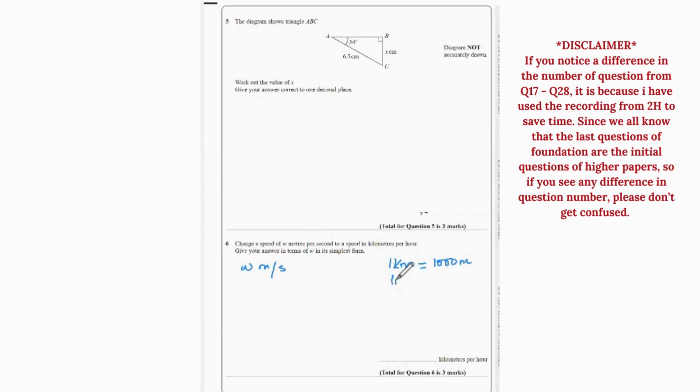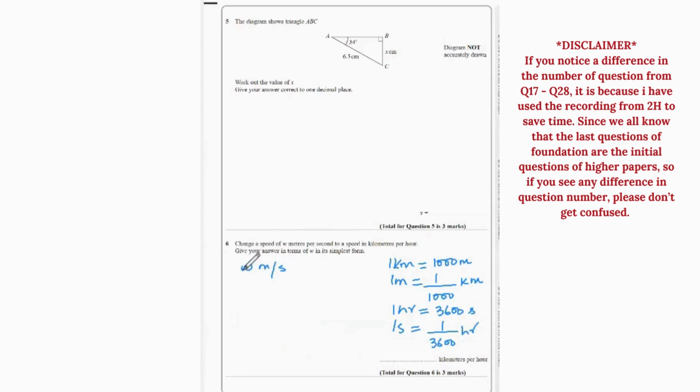So if we go from meters to kilometers, we do 1 divided by 1,000 because we're going from a smaller unit to a bigger unit. Remember, if you're going from a smaller to a bigger unit, you divide. But if you're going from a bigger to a smaller, you multiply. And same for seconds. So 1 hour equals 3,600 seconds. So 1 second is going to be 1 over 3,600 hours.